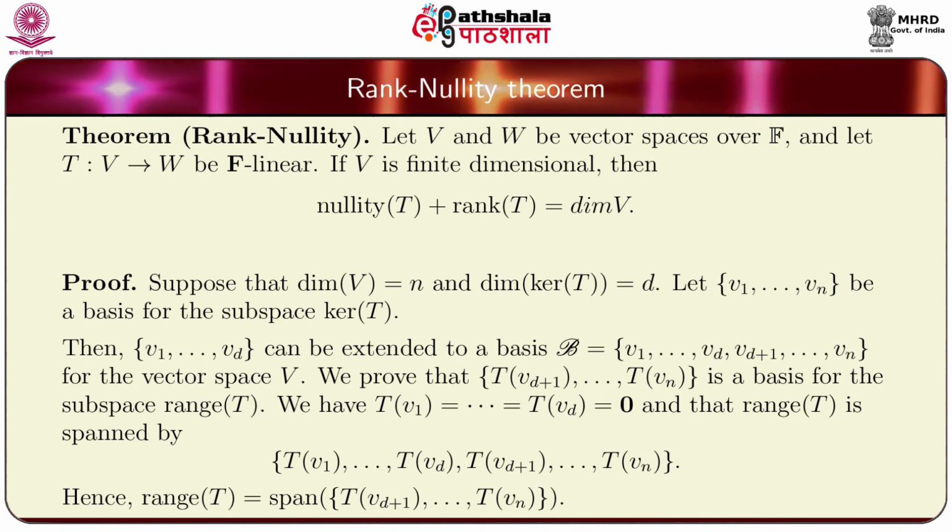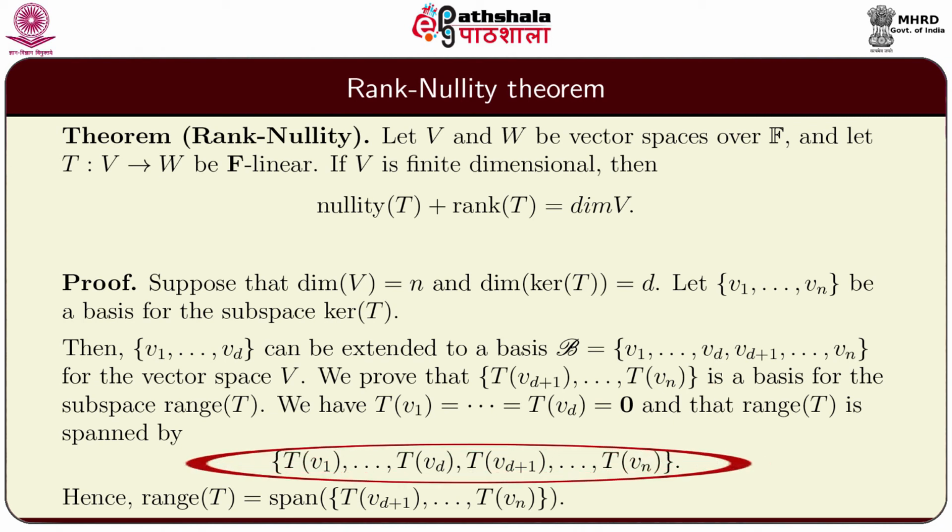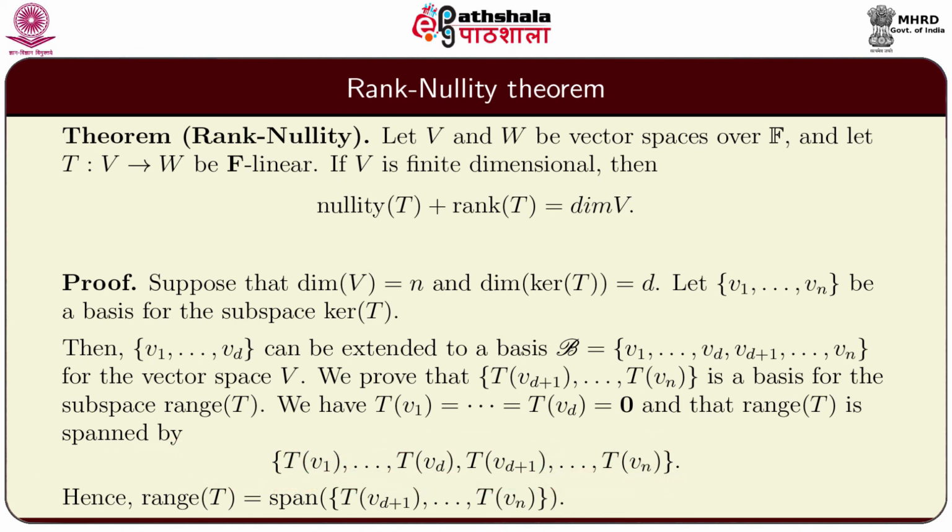We note that V1, V2, ..., Vd being a basis for the subspace kernel of T, T(V1) and so on up to T(Vd) are all the 0 vector, and we know that the range of T is spanned by T(V1) and so on up to T(Vd) and T(Vd+1) and so on up to T(Vn). Therefore, the range of T is indeed the span of the vectors T(Vd+1) and so on up to T(Vn).